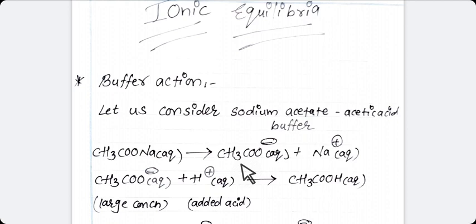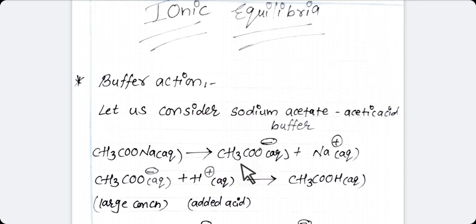Since the acetic acid is a weak acid, as you all are familiar with, the concentration of undissociated acetic acid molecule is usually high. Means acetic acid is not completely dissociated in water because it is a weak acid.